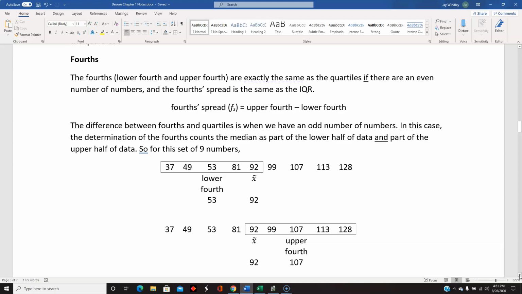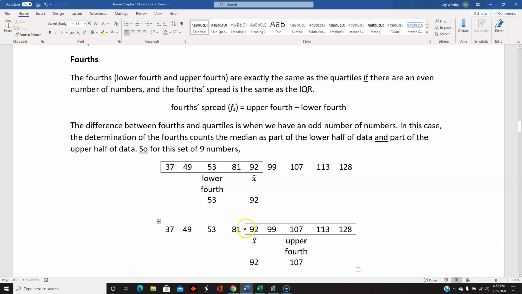When you have an odd number of numbers, you figure out the fourths by including the median in both the lower half and the upper half. So here's our 9 numbers, and we've identified the median as 92. If you count that 92 as part of the bottom half, then we now see that 53 is the middle of the bottom half, so that's the lower fourth.